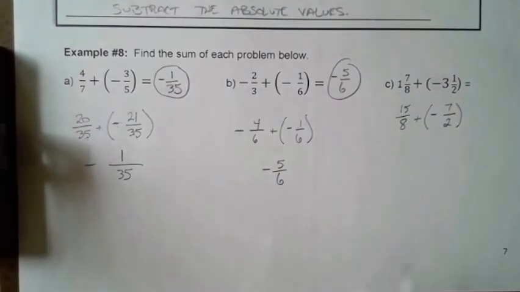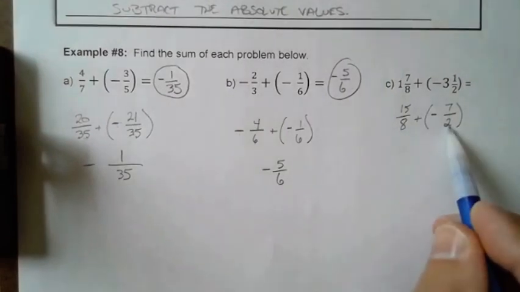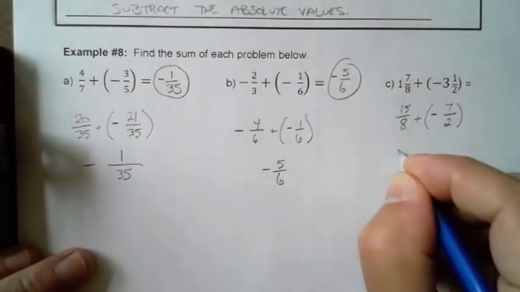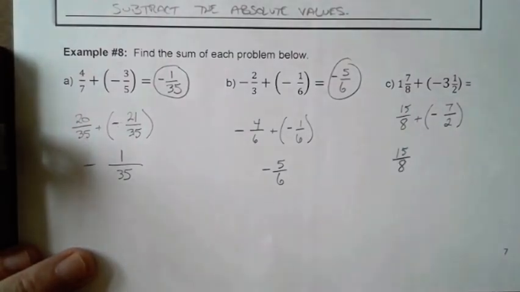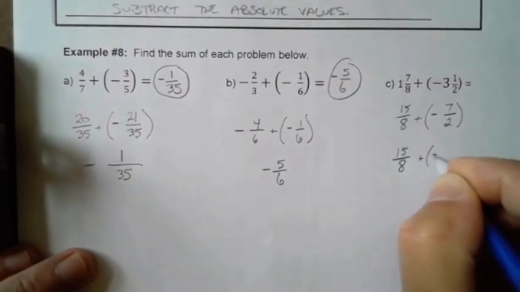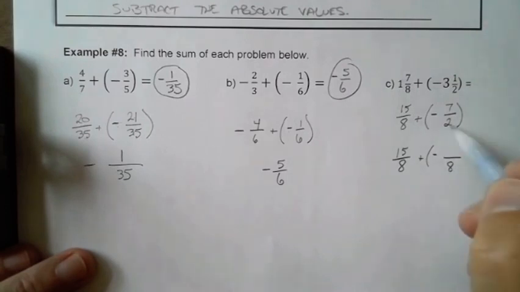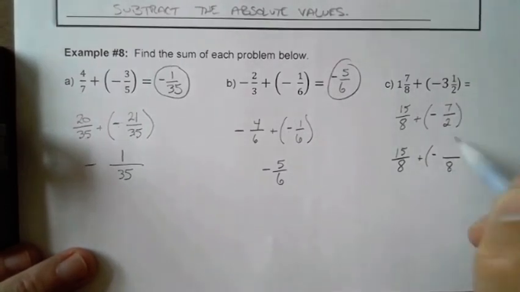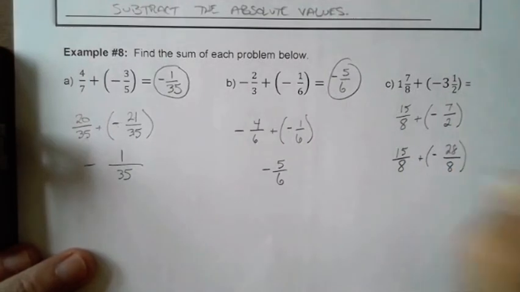Let's get our common denominator now. Eighths and halves, we can use 8 as a common denominator, so we keep 15/8 as it is, plus negative something over 8. 2 times 4 is 8, 7 times 4 is 28.